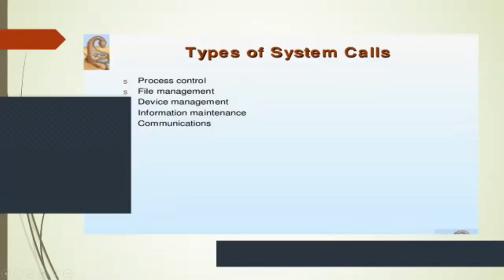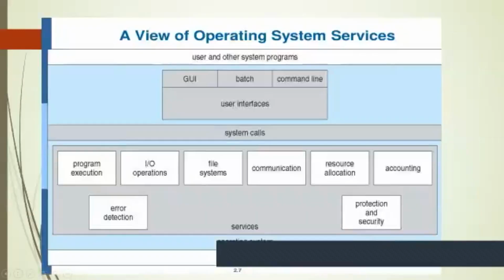This is the view of operating system services. All of you can see that view. First of all, user and other system programs are at one end. Then what are those programs? GUI, batch, and command line programs. These are the user interfaces.